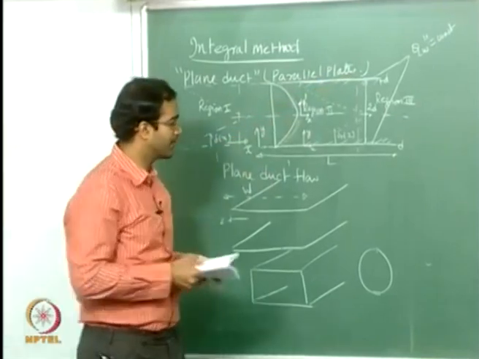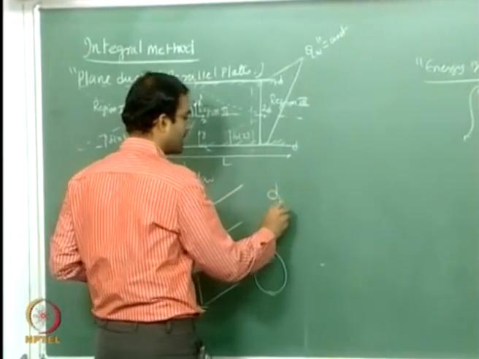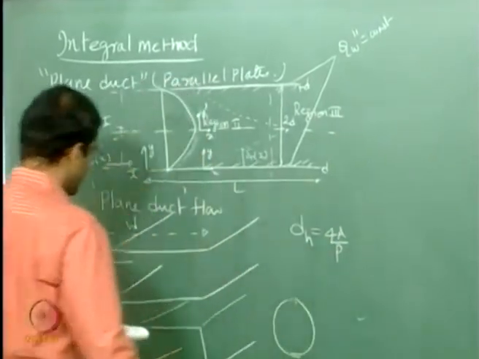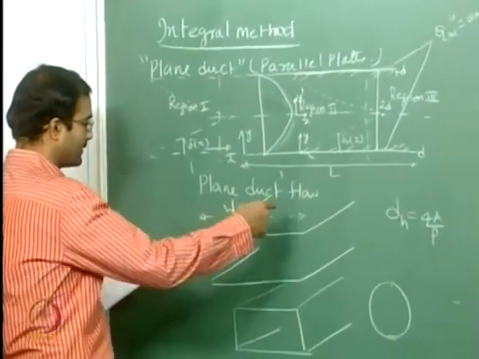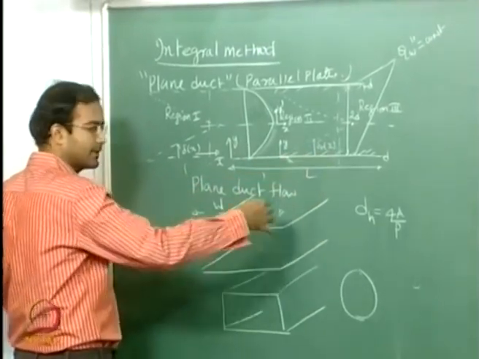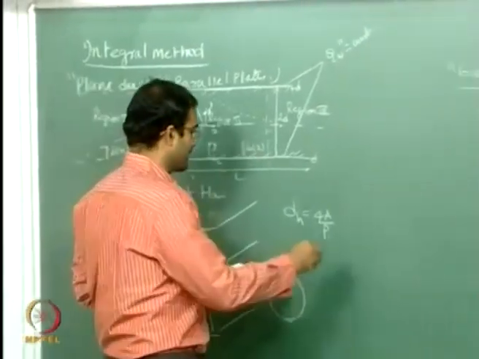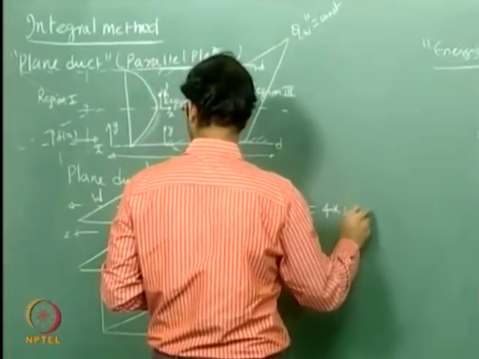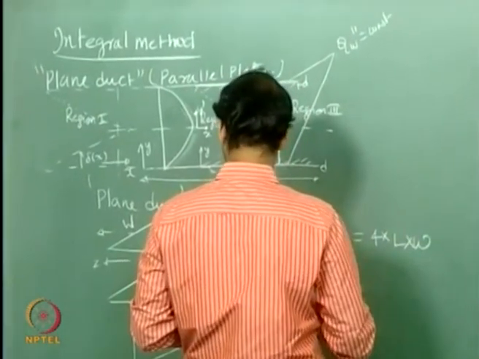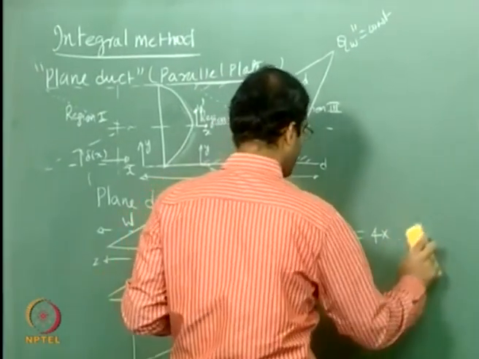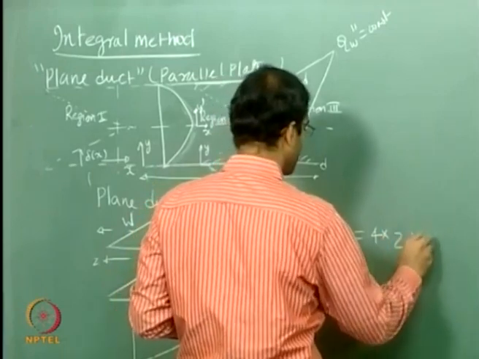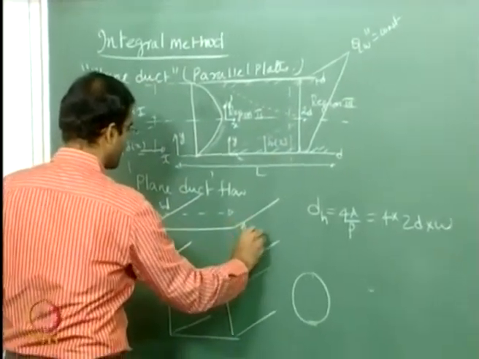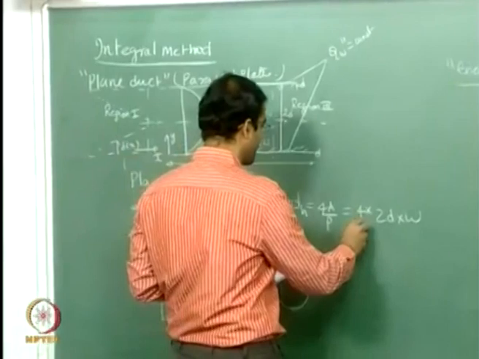We will use the definition of hydraulic diameter, which is 4A by P. If you imagine the width is very long in the z direction, that is nothing but 4 into L times W. In this case this will be 2d into W, so 2d is this particular spacing, and you have in the z direction W, divided by the perimeter.